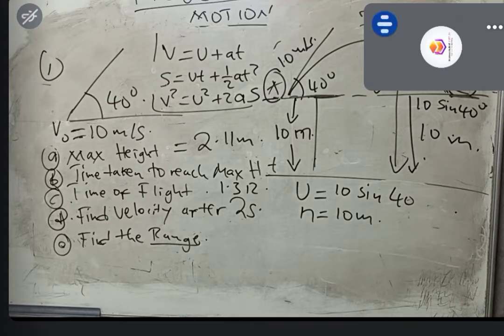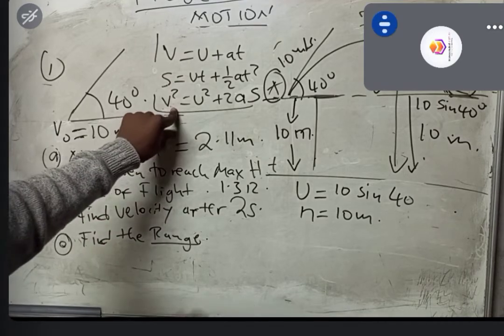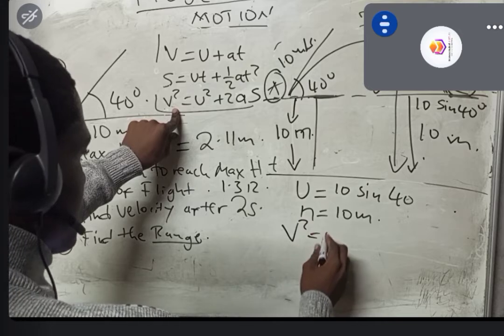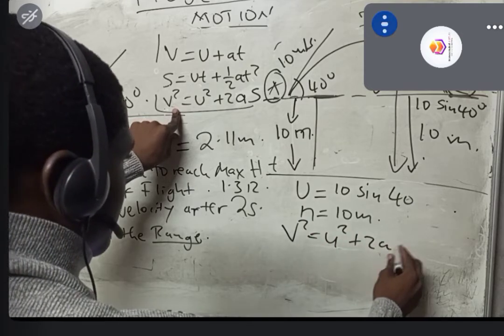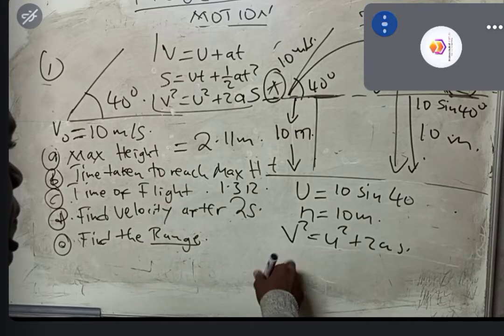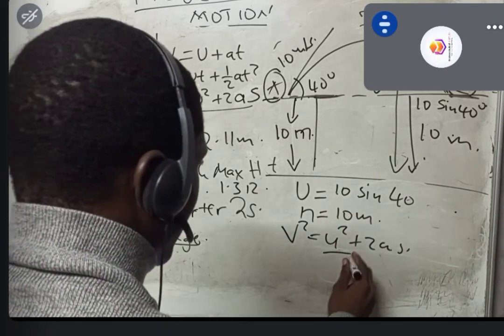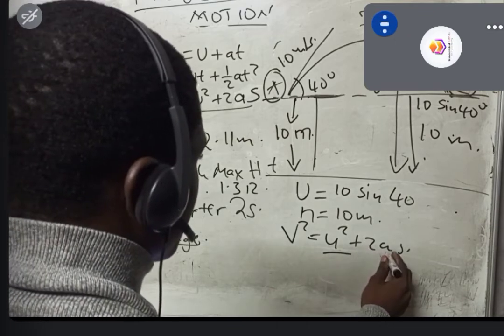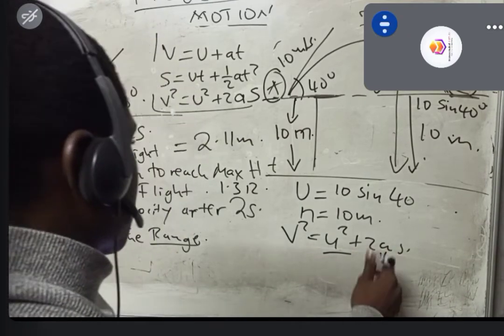I wouldn't advise you to use the second formula because it's going to complicate things. It's better you use it like from my first explanation. So in such a case, you have to use two formulas. Use the last one: V squared is equal to U squared plus 2AS. This formula is going to help you find what? The final velocity. You have your initial velocity, plug in there. Your acceleration going down is positive.